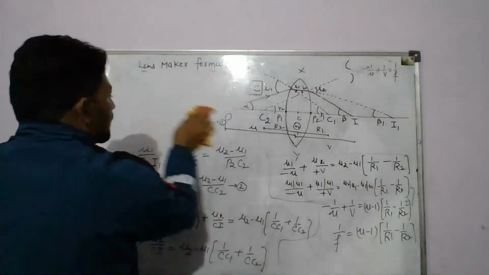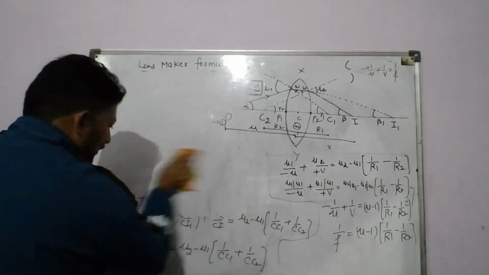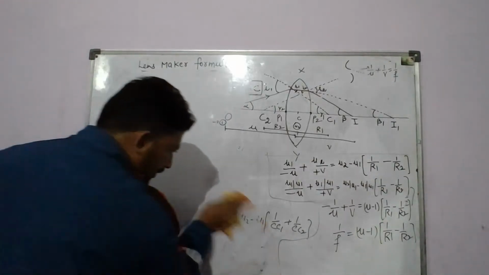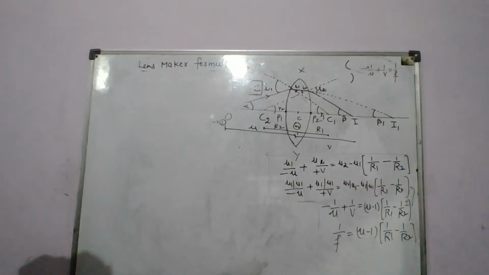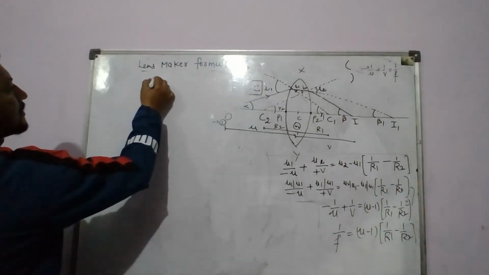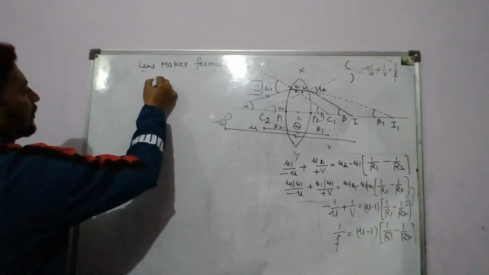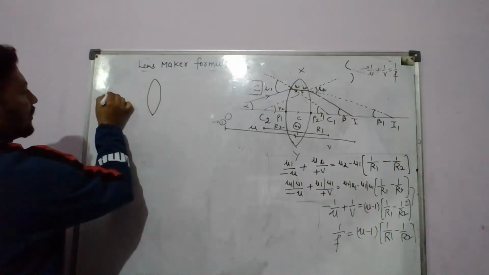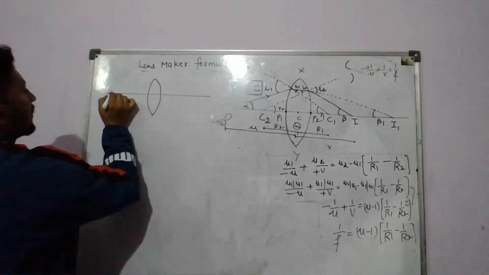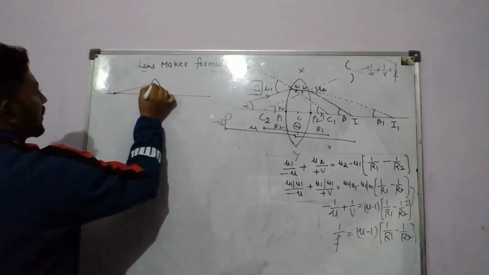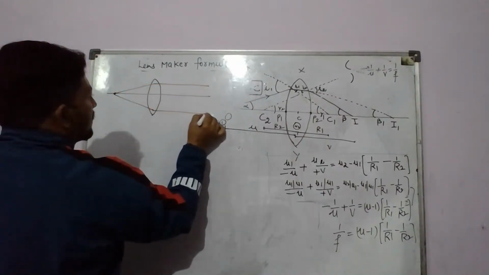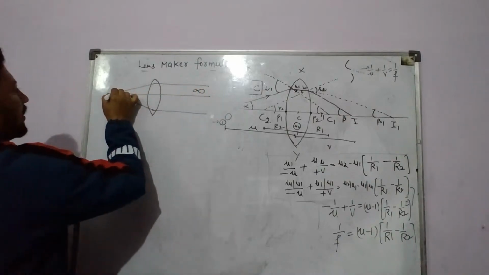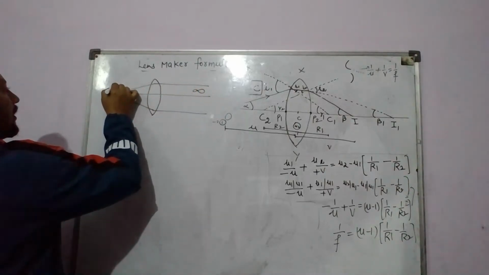Just so you understand, if the examiner in the exam asks to find the first principal focal length and second principal focal length of the lens. So like this is your convex lens, principal axis. This is your object, and the image is formed at infinity. Here you write f1.